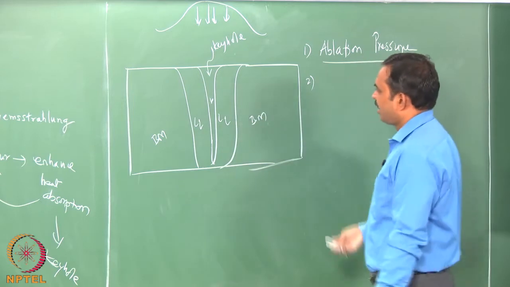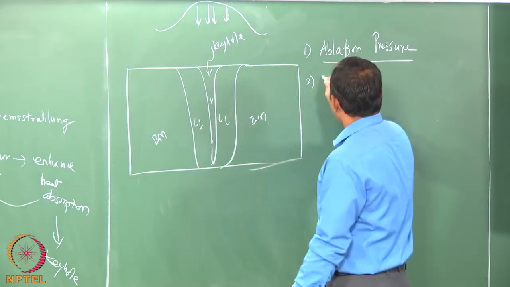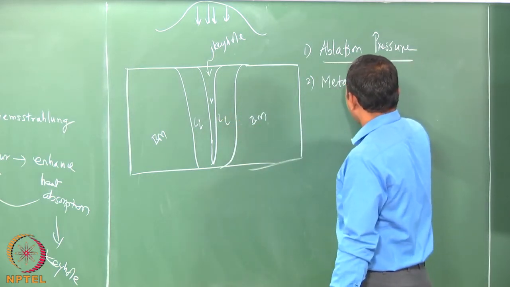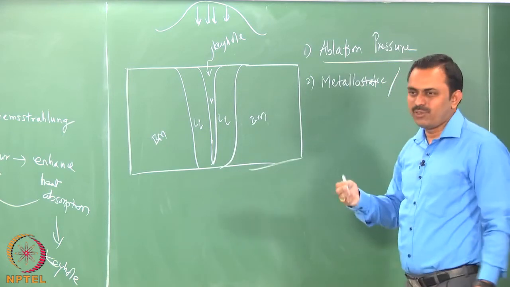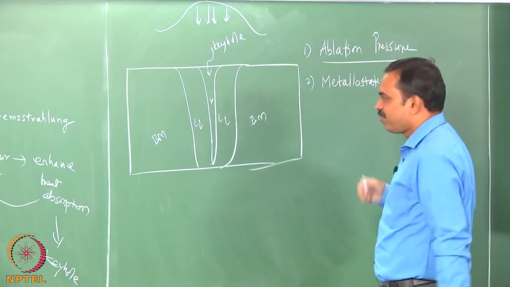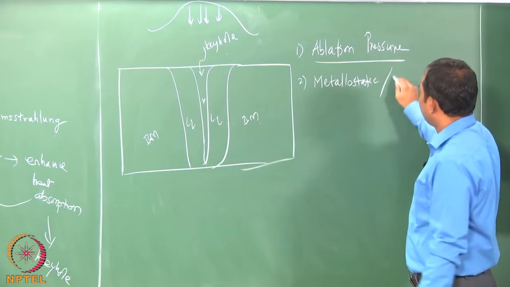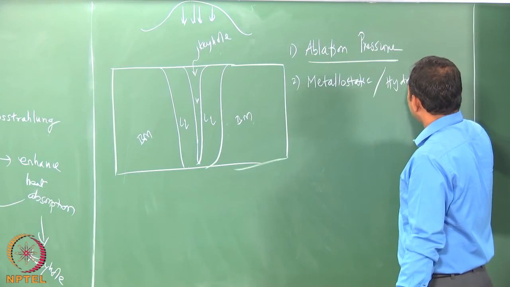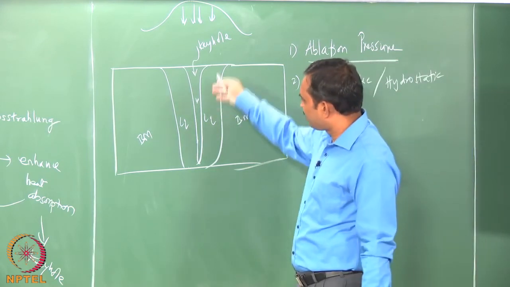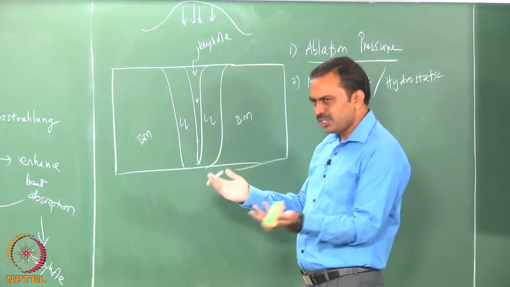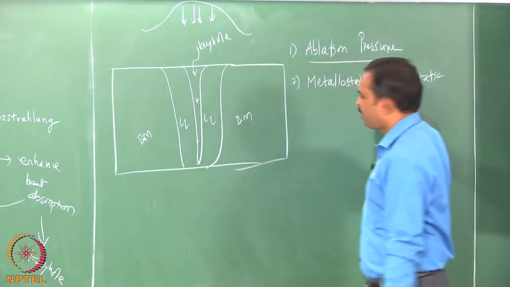The next pressure that is occurring is basically the metallostatic pressure, and usually water is used as the imagination for any fluid, so you normally refer to this as hydrostatic itself. Okay. So, there is a hydrostatic pressure that is acted upon by this column of liquid, which tends to close the keyhole. So, you have that pressure coming in.